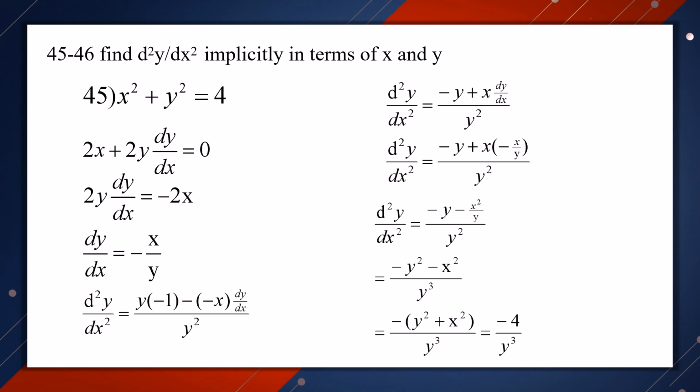Using the original equation x to the power of 2 plus y to the power of 2 equal to 4, the final result is second derivative of y equal to negative 4 over y to the power of 3.